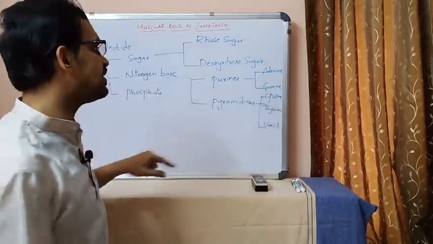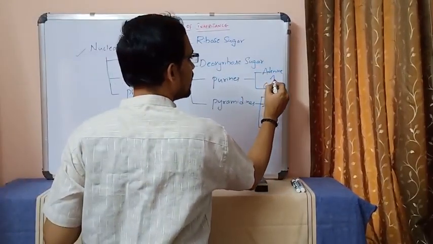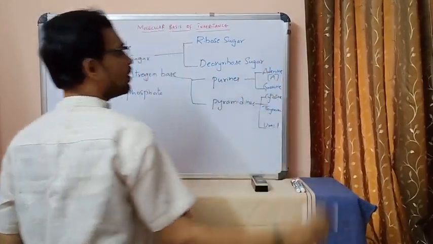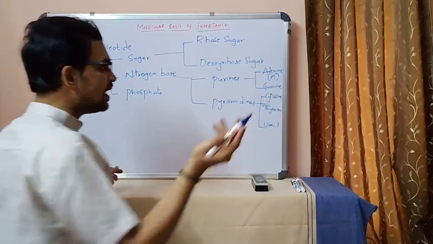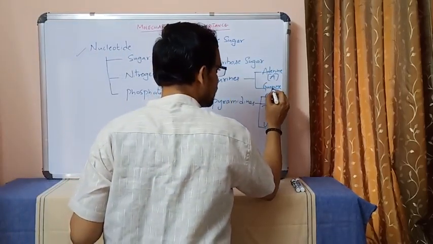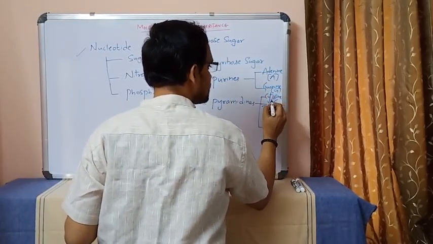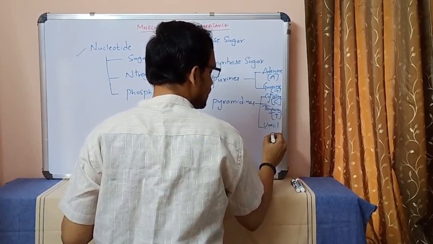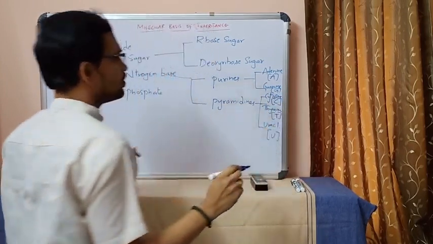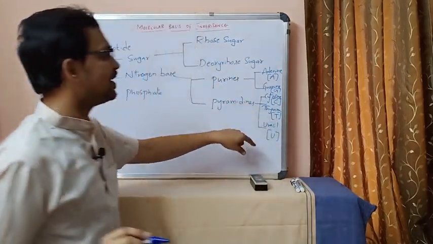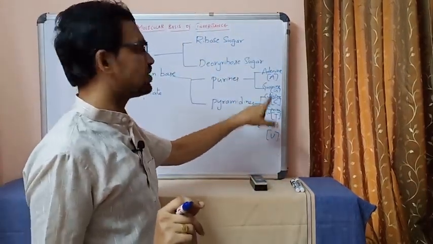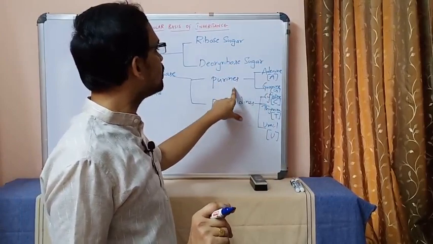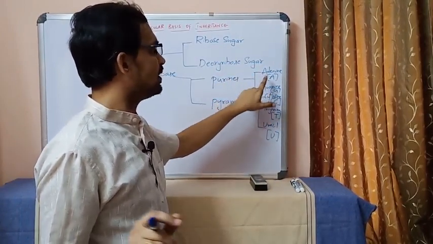Adenine can be represented with capital letter A. Guanine with capital letter G. Cytosine with C, thymine with T, uracil with U, the first letter. In case of pyrimidines: C, T, U, cytosine, thymine, uracil. In case of purines: adenine, guanine, A, G.